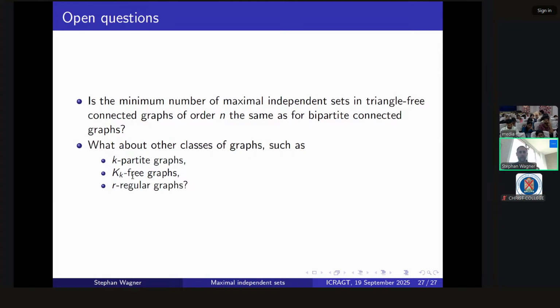So I think there is more room to investigate things here. These are some of the open questions that come to mind, but there are certainly many other things that one might want to investigate around graphs, specifically the twin-free graphs and their maximal independent sets.